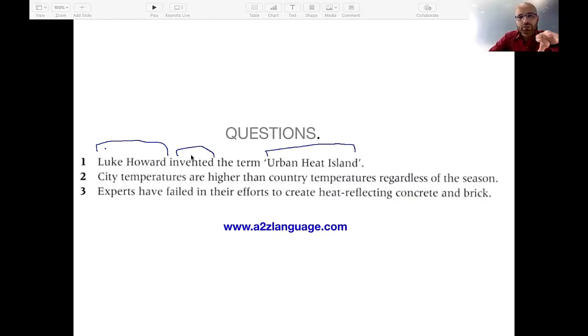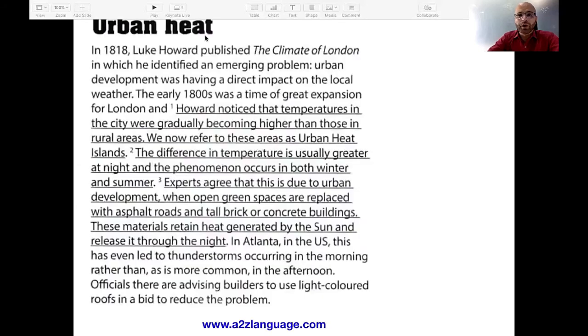Luke Howard invented the term urban heat island, which means that Luke Howard invented the term urban heat island. And if you go to the question, the learning point for those who mark this question as true is that they mixed up or forgot the word invented. Here the writer has used the word noticed.